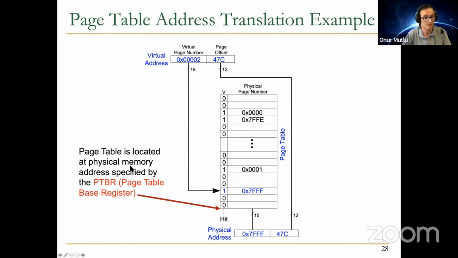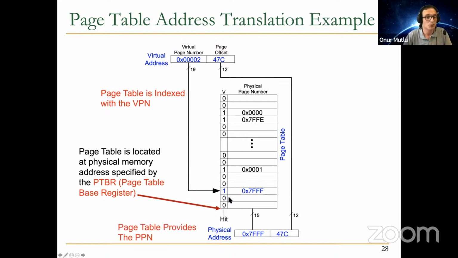And the translations. Okay. So you basically index the page table using the virtual address that the program has generated. In this case, the virtual page number is 2. So basically page table base register plus 2. So we index the second entry of the page table. And it happens to map to this location. It happens to be valid, as you can see. The page table provides a valid bit and the PPN, physical page number. If it's valid, then you get the physical page number and append it to the page offset, and that's your physical address.